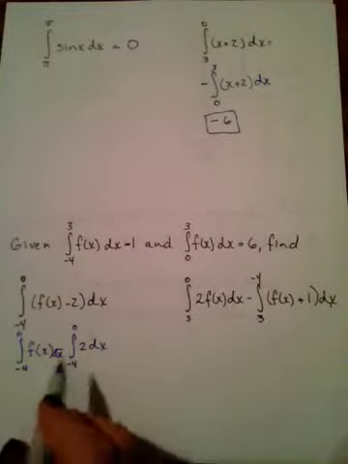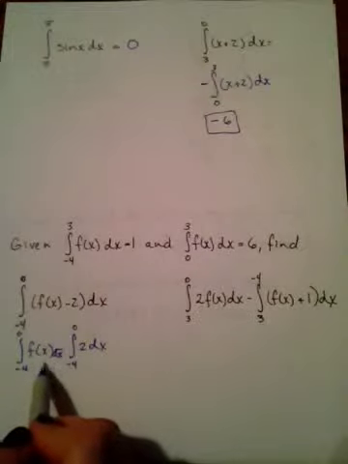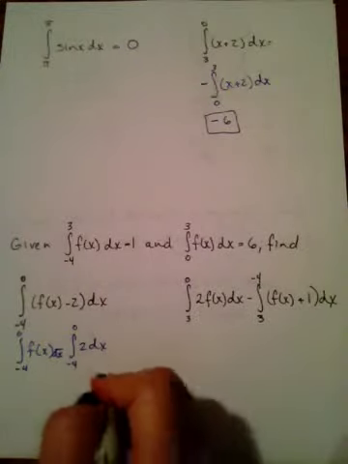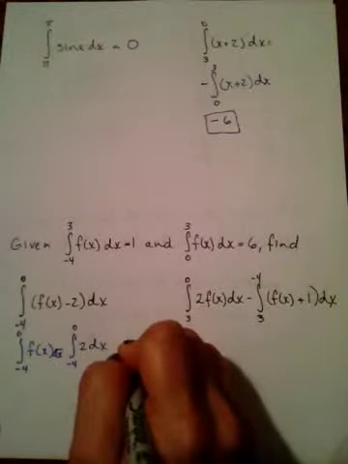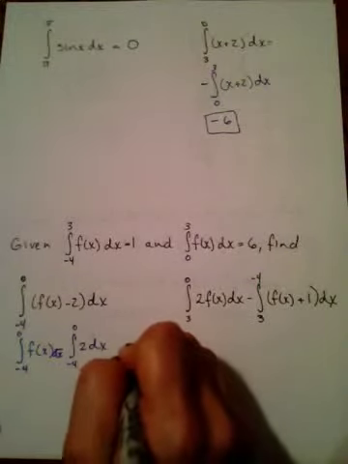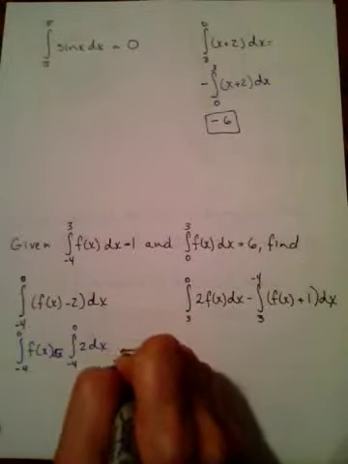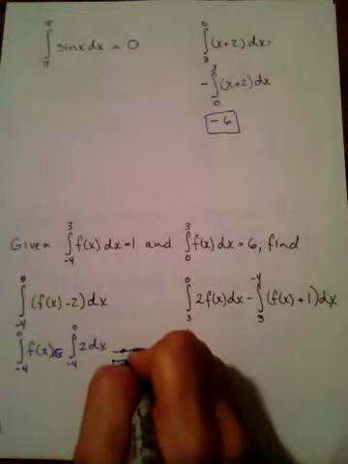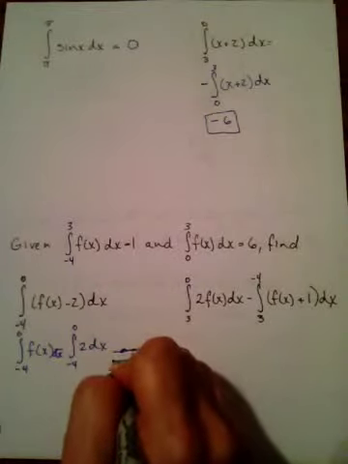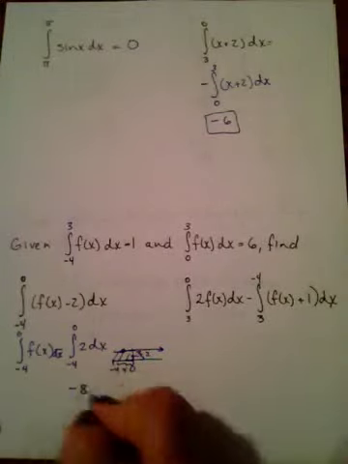Well, from information I have up here, I can probably figure out this, and I know what this will be. If I look at this piece graphically, if I graph y equals 2, up 2, and I went the wrong direction, so we'll say from -4 to 0 at a height of 2, this is 2, this is 4, this area is 8, so I'm going to be subtracting 8 from this.